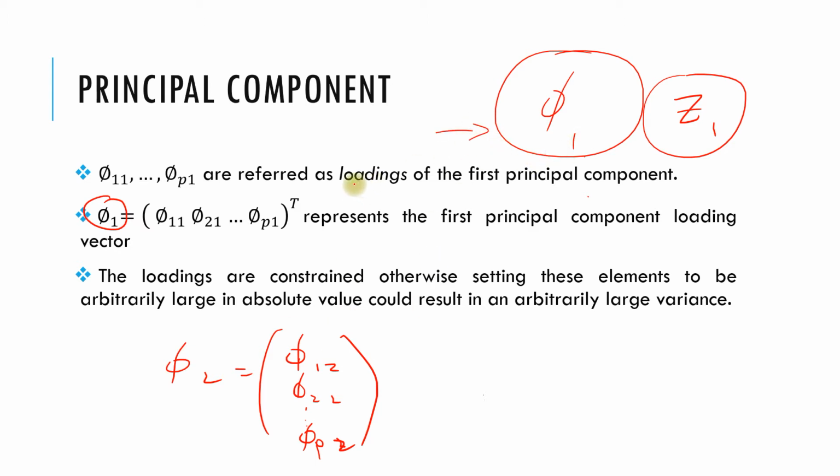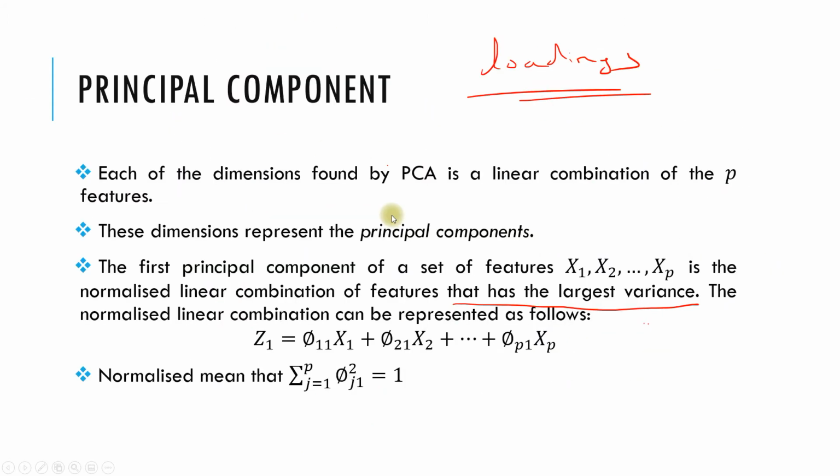Now, these loadings are talking about the importance that these variables have on the principal component. To make it simpler to understand the loadings, just imagine we are referring to the first principal component. We will also have a second principal component and so on, but let's talk about the first.